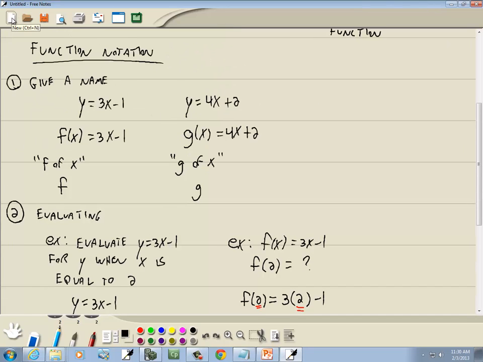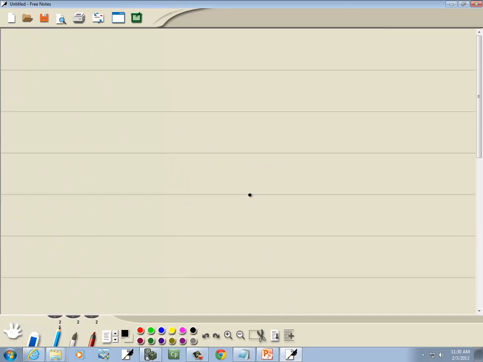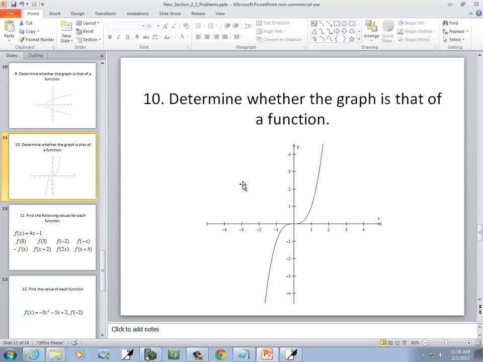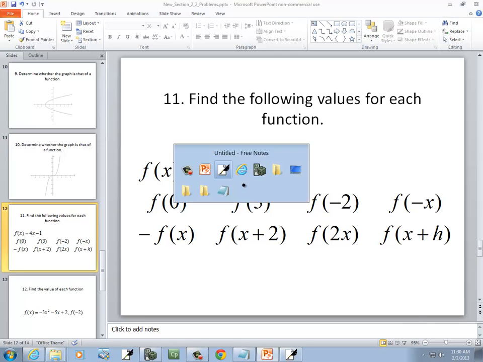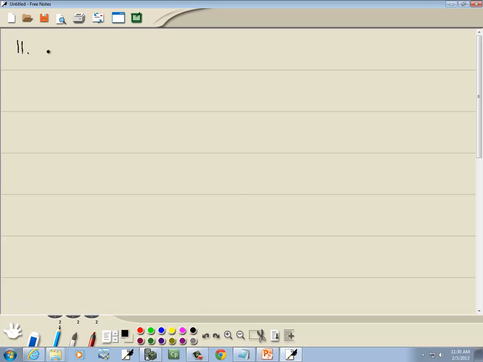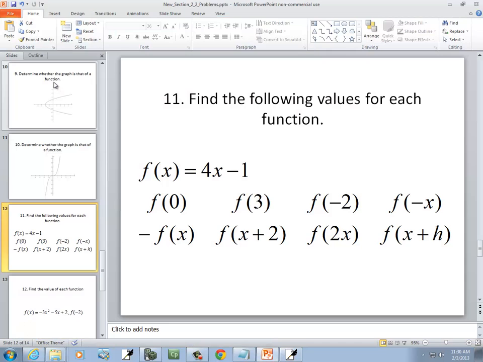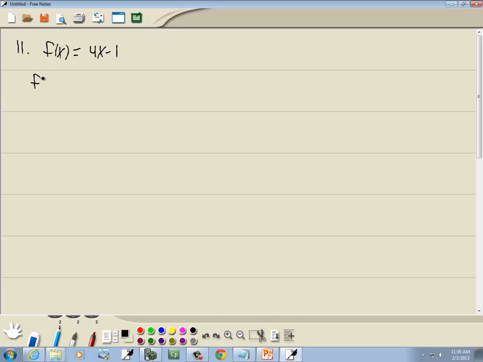Let me start a new page and we'll look at a problem. Number 11. We've got f of x is equal to 4x minus 1. There's a lot of different parts to this one. First part, they want us to find f of 0. Well, we always solve these the same way.